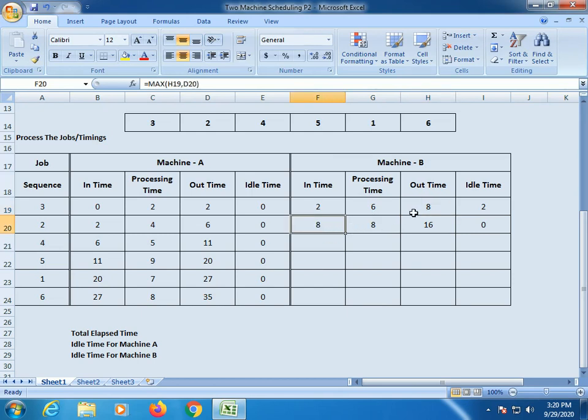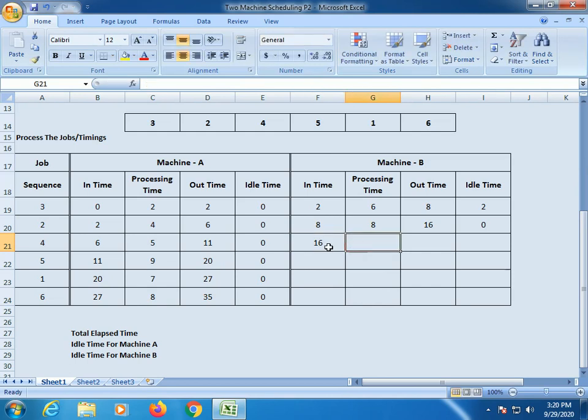There is no gap. At the same hour we performed the next job, job 2, so we get 0 idle time. At the 16th hour machine B is free, and we can perform the next job.